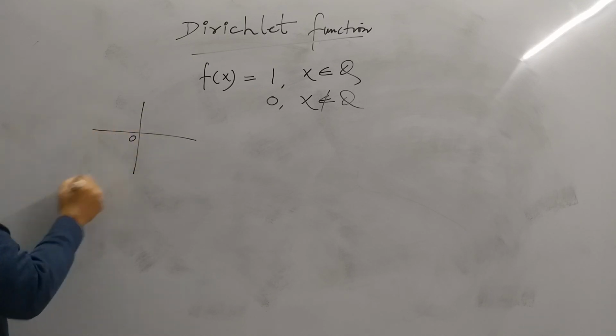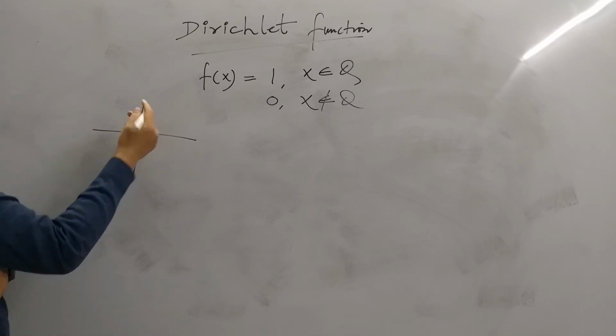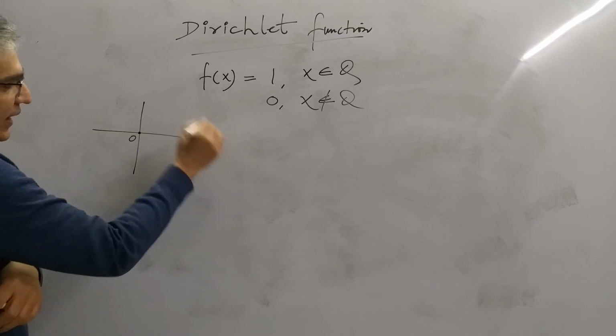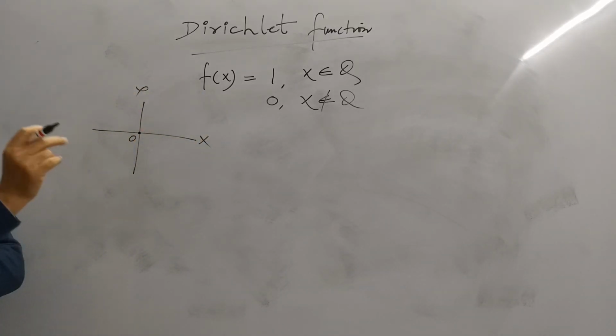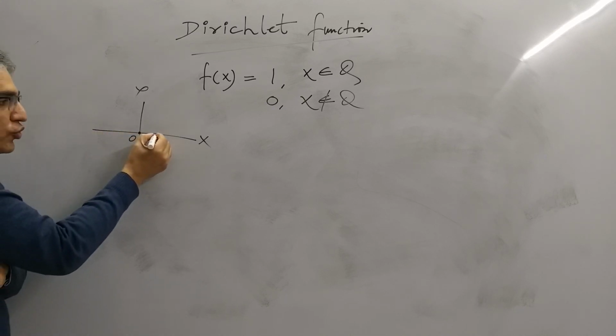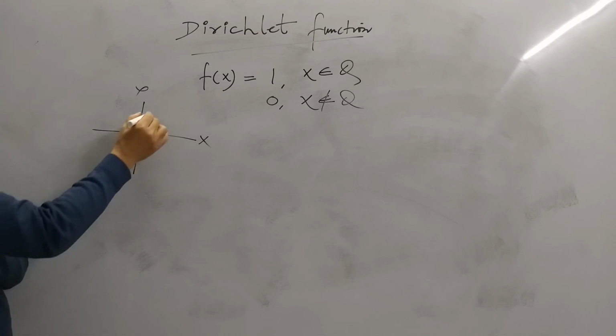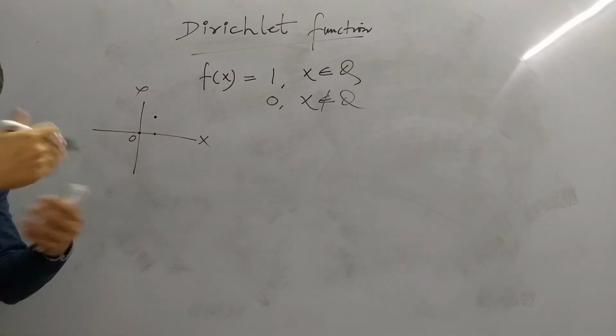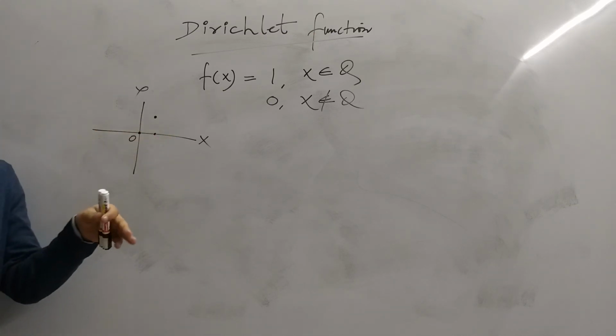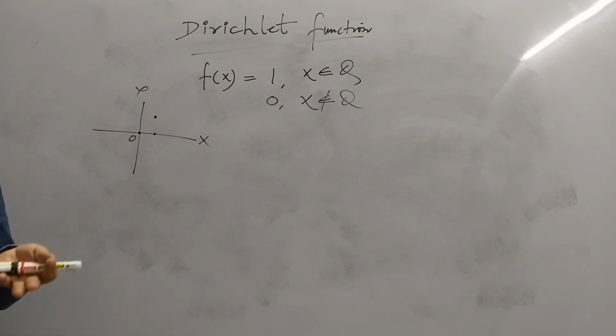The meaning of this is that, let's see, this is 0. Suppose I check the limit here or anywhere, it doesn't make a difference. Now, this function tells you that if you choose a value here that is rational, your function is 1, but at its side you choose a value which is irrational, the function goes to 0.